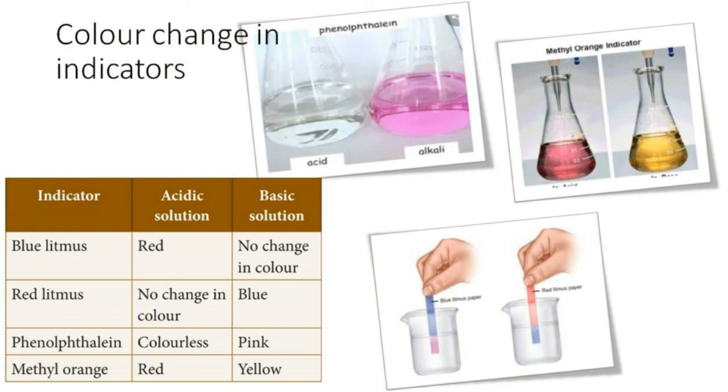Next, phenolphthalein. Phenolphthalein is colorless in acidic solution, but in basic solution it shows pink. Then, methyl orange. Methyl orange in acidic solution is red and in basic solution it shows yellow.